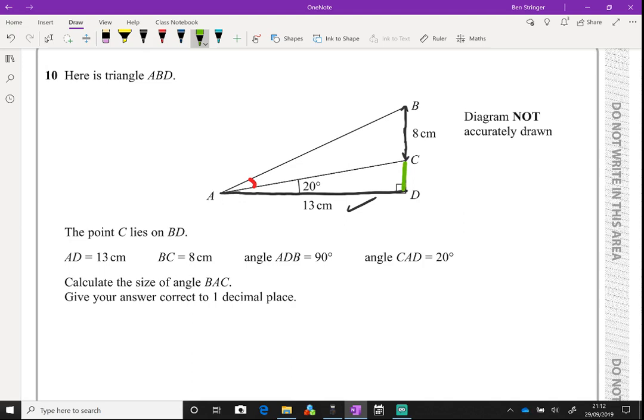So if I draw out a little baby triangle to the right, that there is 20, that's 13, and I want to find this one, CD, we can call it X. So labeling my triangle, that over there is the opposite, the hypotenuse, the adjacent. Don't need the hypotenuse there, need to use TOA.